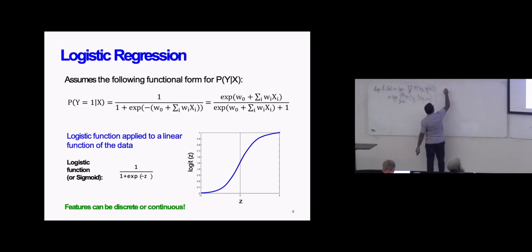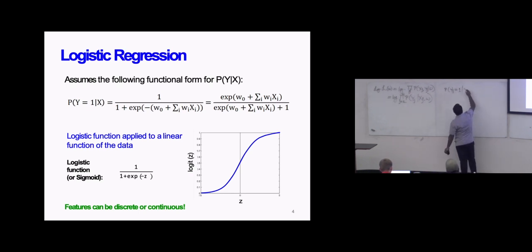So the probability of yj equals 1 given xj and w. How did we define this in logistic regression? What is this? You have it here, right?